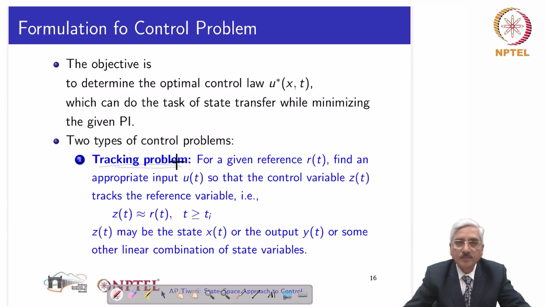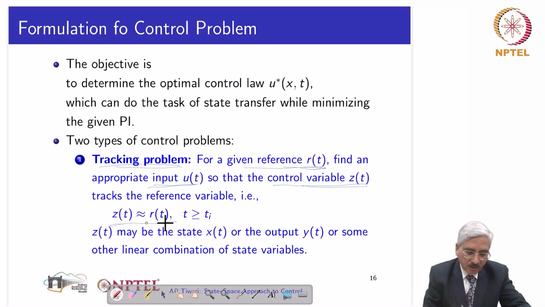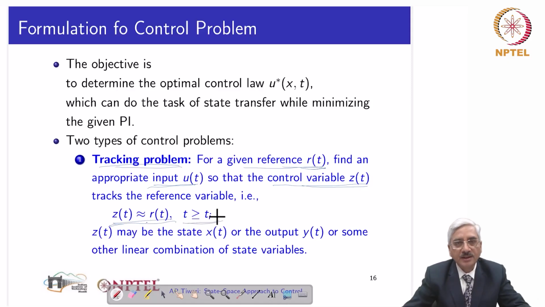In these types of problems, a reference is given, denoted by r(t) here, and an input has to be found so that the control variable z(t) tracks the reference variable. For all t greater than or equal to the initial time, the control variable z(t) should be as close as possible to r(t), the reference.